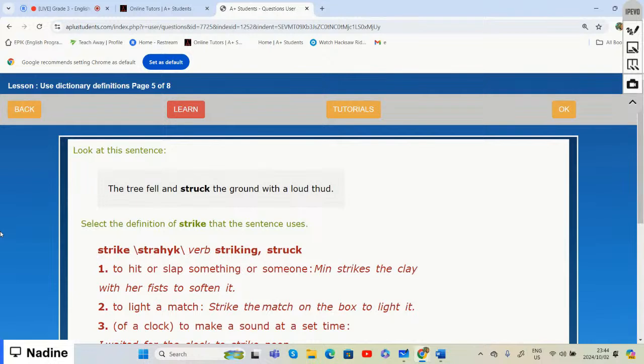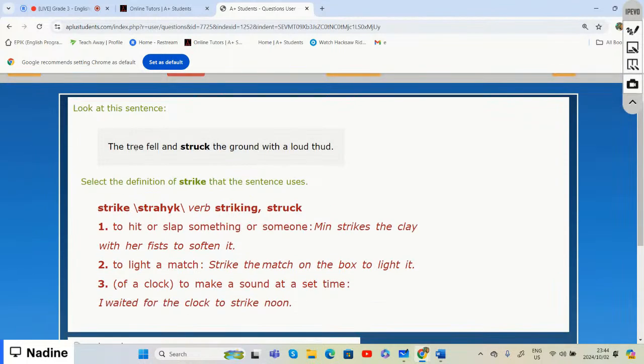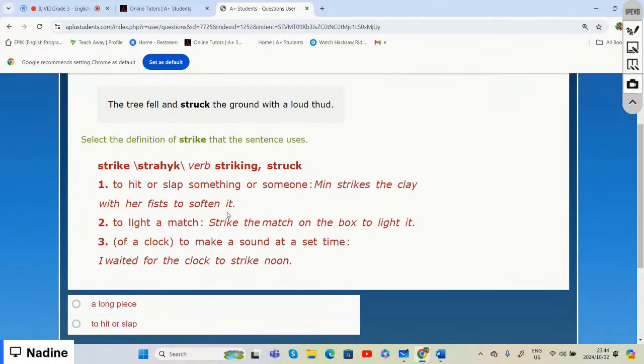It says, the tree fell and struck the ground with a loud thud. We need to look at that sentence and select the definition of strike. Is it option one, to hit or slap something or someone? Option two, a light match? Or option three, to make a sound at a certain time?